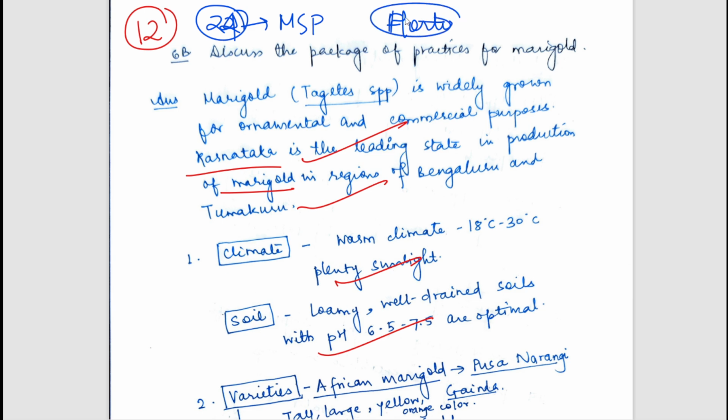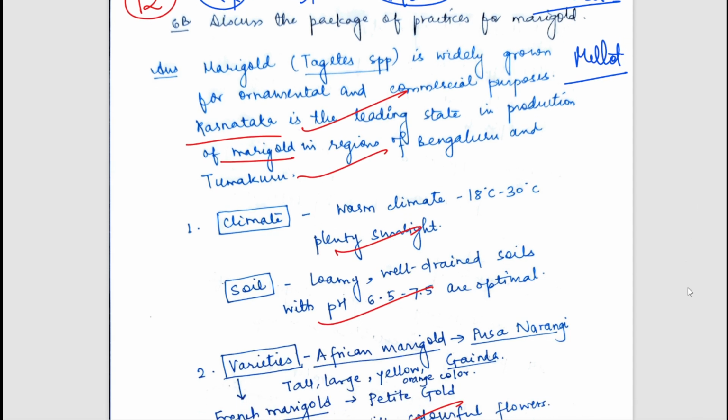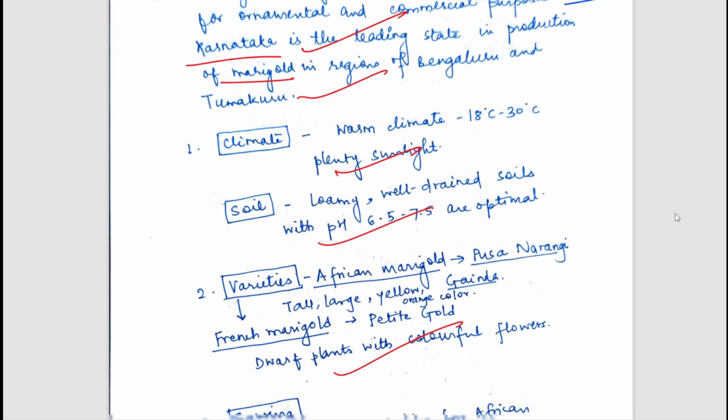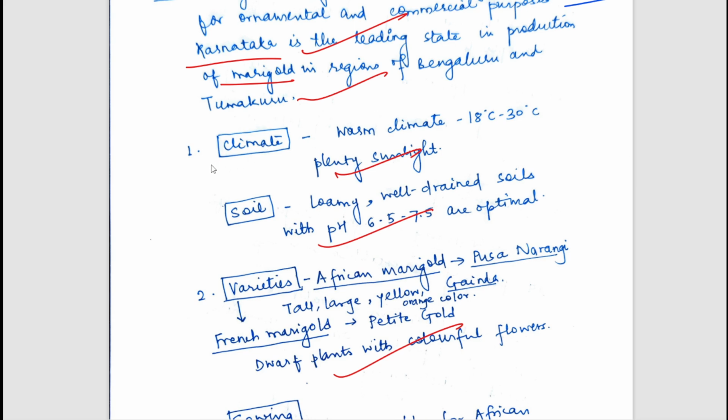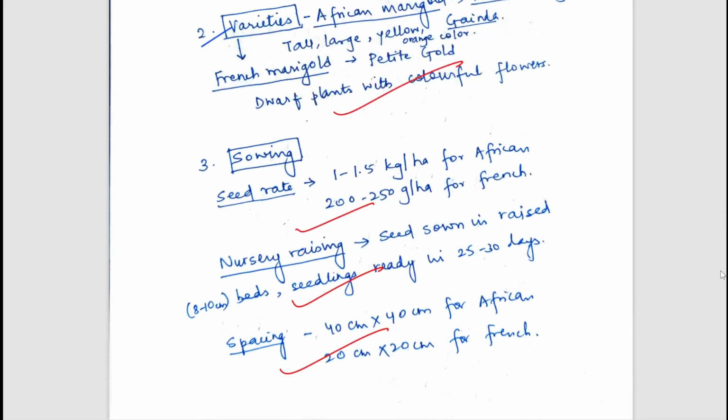All the things which were asked in previous years, and any crop that is in the news. For example, recently mustard, Dhara Mustard 11 is in the news. So you should prepare it. Millets have been in the news due to the UN. You should prepare it. All these things are helpful and they are asked. So again, similar structure for package of practices: climate, soil, varieties. You can simply pause and read it.